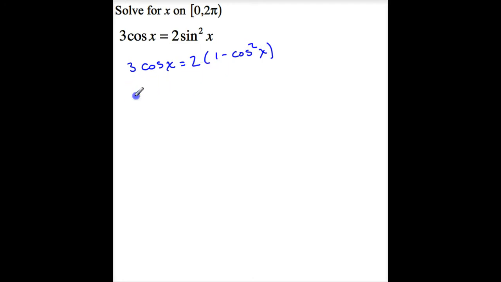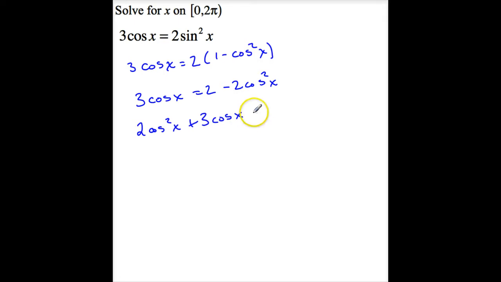All right, so this becomes 3 cosine x is 2 minus 2 cosine squared x. Let me get everything to one side. 2 cosine squared x plus 3 cosine x minus 2 equals 0.